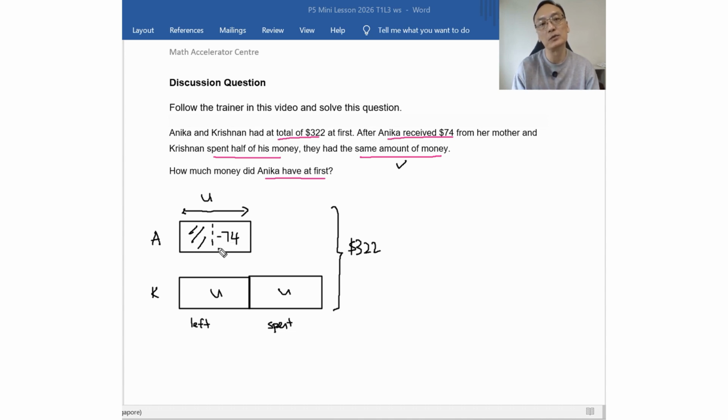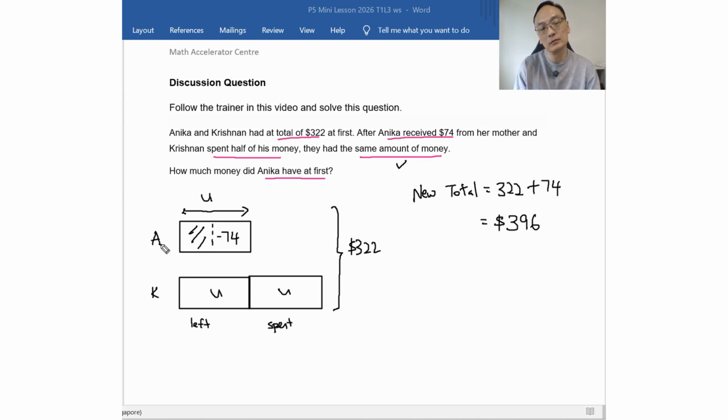So in other words, we also need to expand the total. So now the new total, instead of 322, we also have to increase it by 74. And this will give us $396.